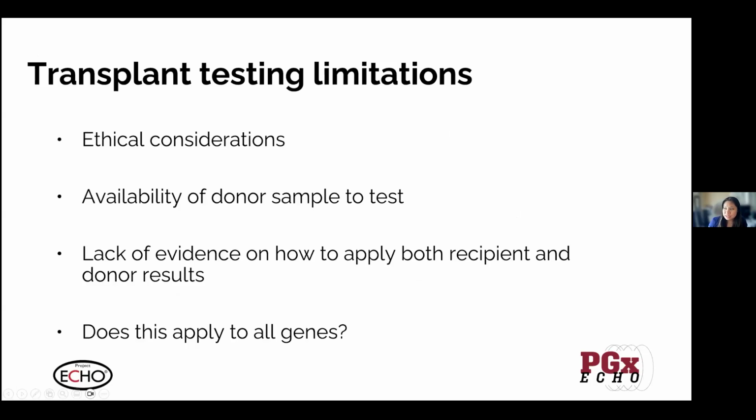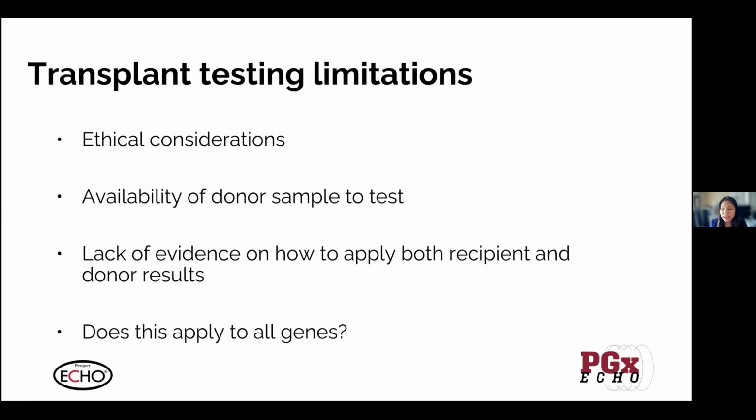When it comes to transplant testing, it's very tricky, and I don't think it's been explored too much within pharmacogenomics. From what I've seen, usually liver transplant recipients are excluded from any studies around pharmacogenetics, so the evidence is really scarce.